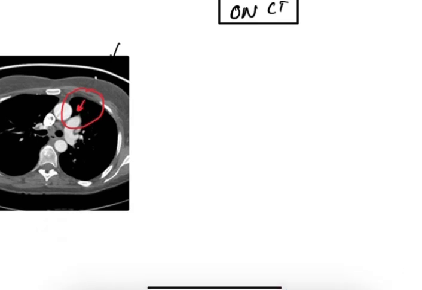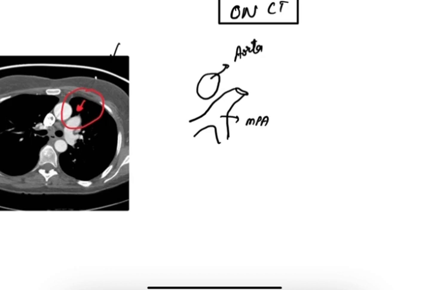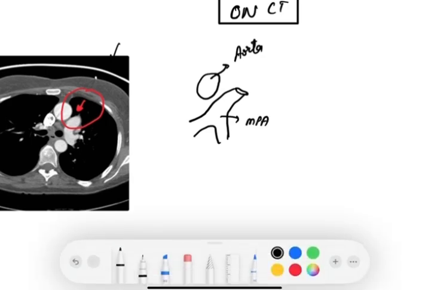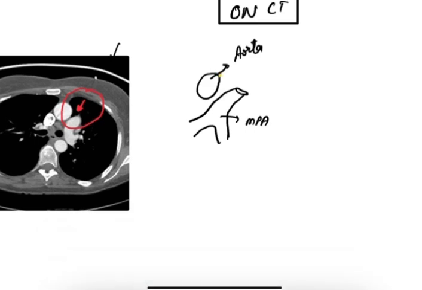So normally in the aortopulmonary window, see, this is aorta and this is main pulmonary artery. In a normal patient, this space is filled with fat. Okay, this is the AP window or aortopulmonary space. In a normal patient, this space is filled with fat.